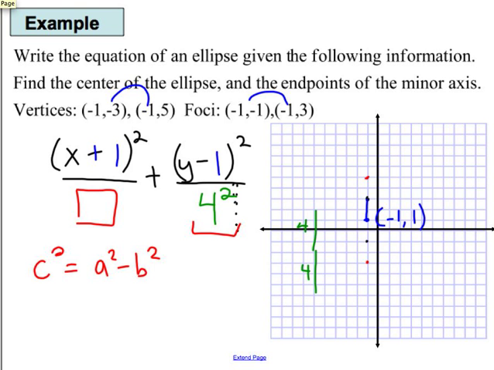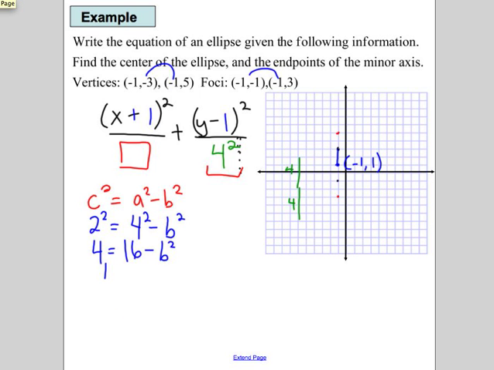So that means that c is 2 and c squared is 2 squared. So I have the following information, and from this I can find b squared. It looks like 4 equals 16 minus something. So that something, b squared, must be 12.